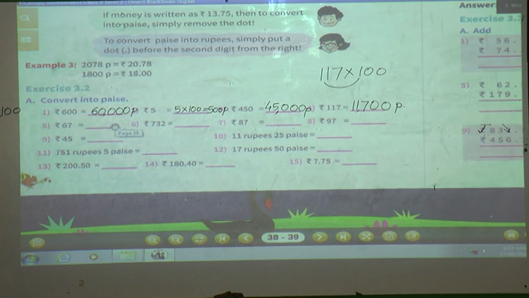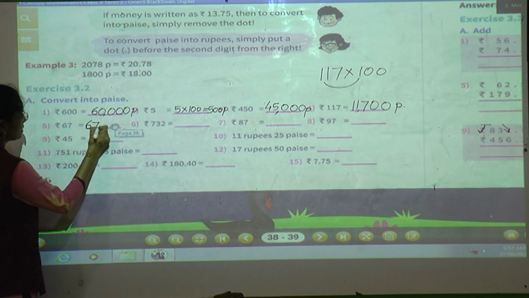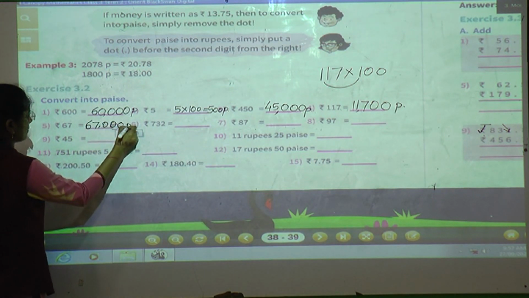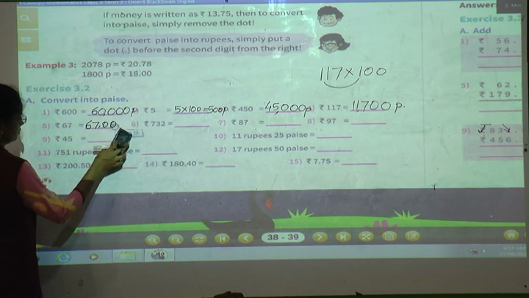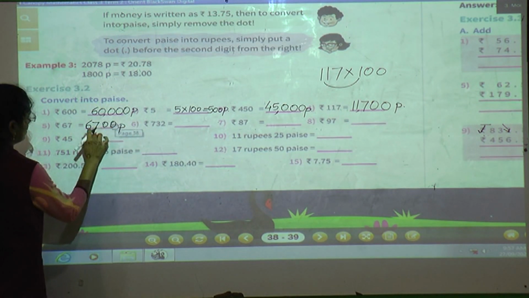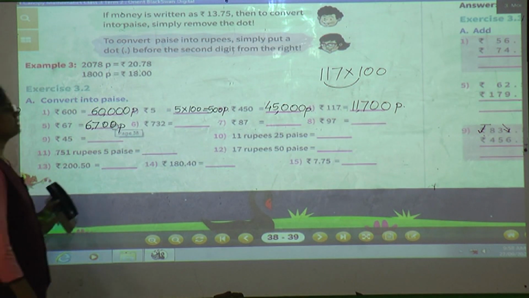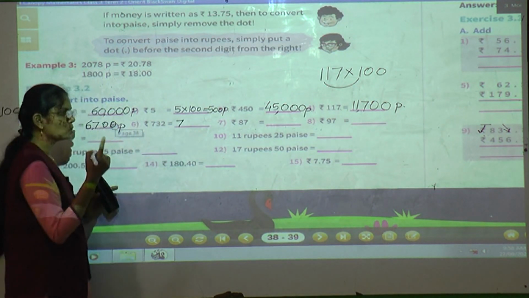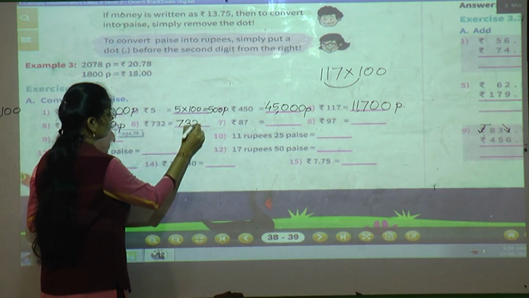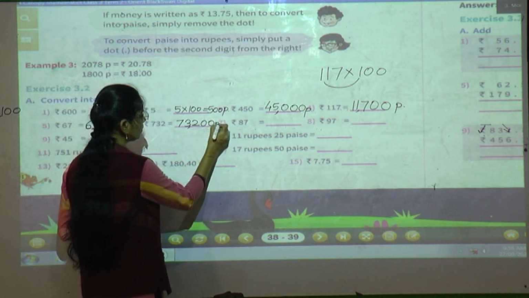Next, rupees 67. Rupees 67 into 100 means 67,000 paise. Okay, sorry, 6,700 paise. Next, rupees 732 into 100. Just give 2 zeros. 73,200 paise.